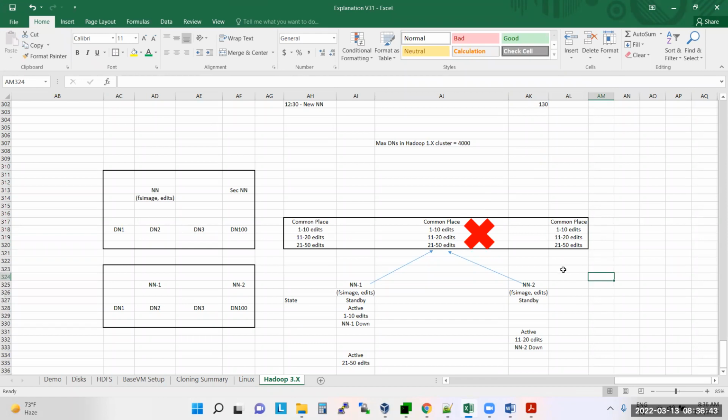Now, who is this common place? There should be a service that maintains this common place. So in Hadoop, we have a service called a journal node, which will maintain the common place.